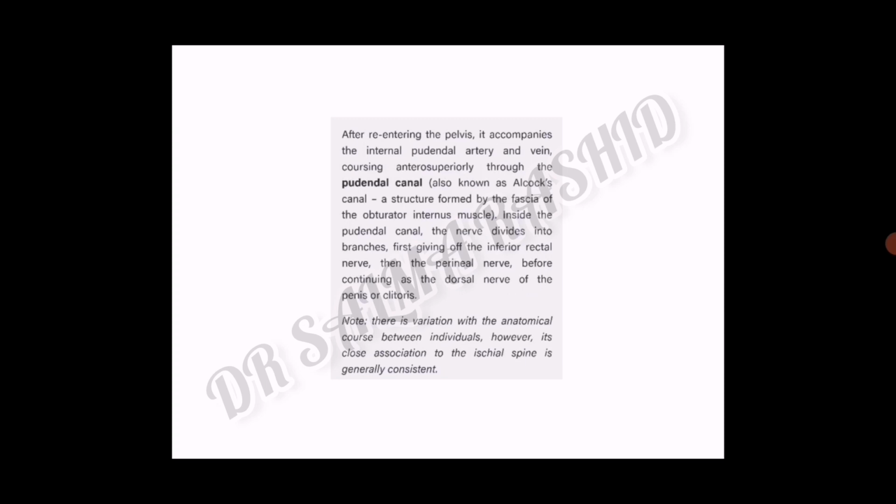Inside the pudendal canal, the nerve divides into two branches, first giving off the inferior rectal nerve, then the perineal nerve, before continuing as the dorsal nerve of the penis or clitoris.